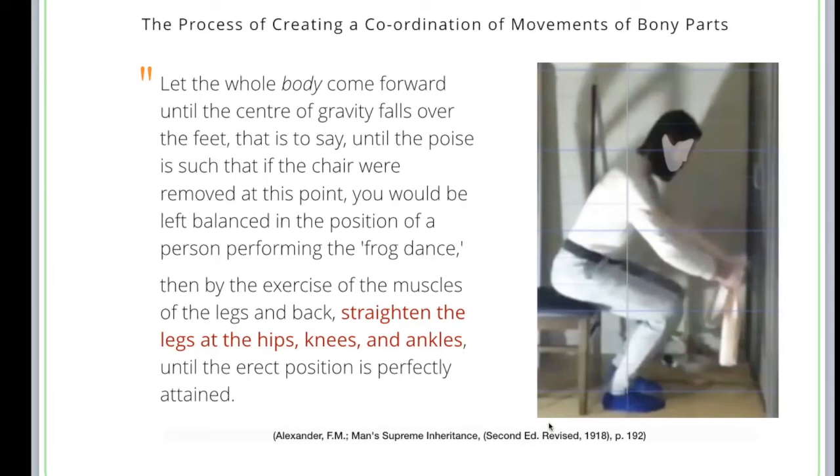So the person is in a position where, if the chair were really pulled back, the person would be left in an equilibrium stance, an equilibrium squat if you want. It's very important to obtain that, and so important that it was also necessary to make it visible.